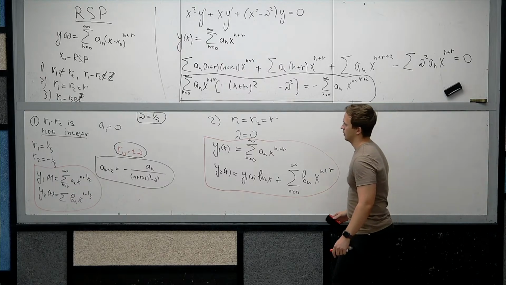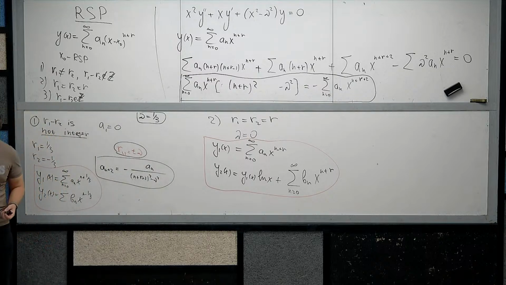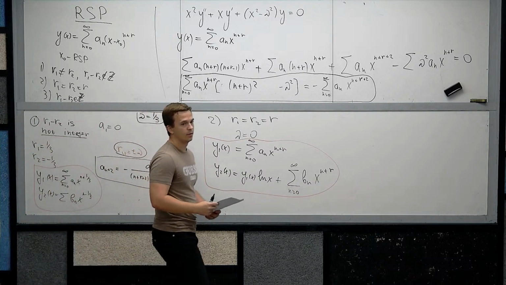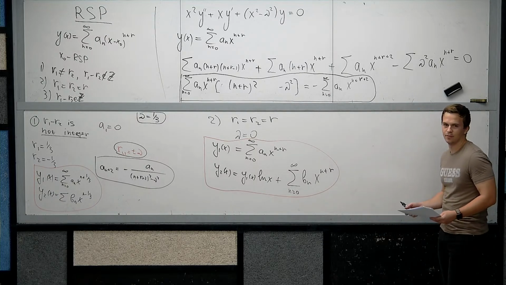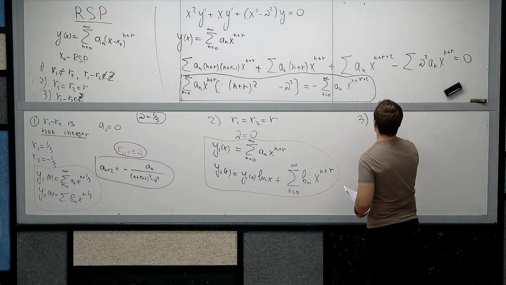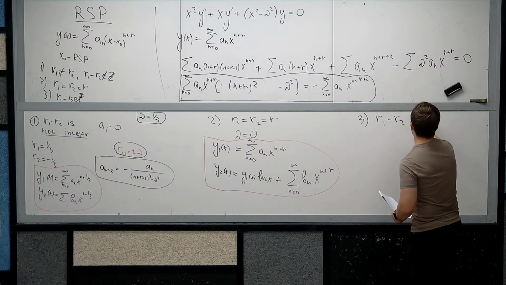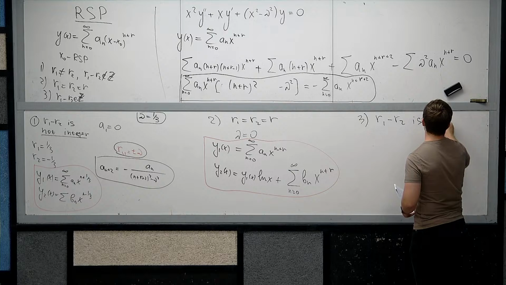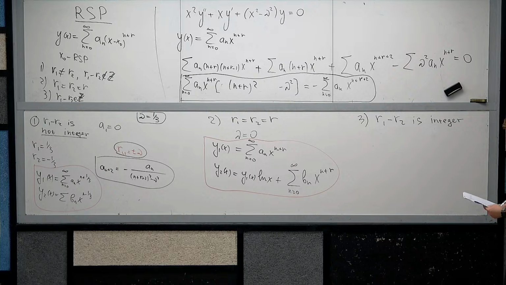Okay. And the last case, the most horrible one, is when R1 minus R2 is an integer. For example, it can be 1/2, or 4, or 42. So then R1 minus R2 is an integer.